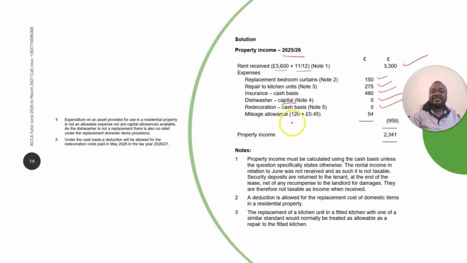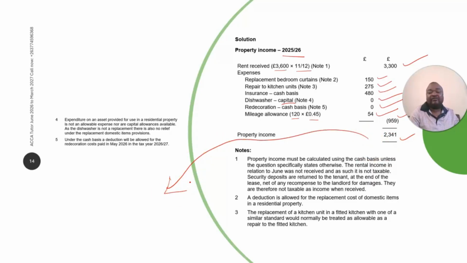So she traveled only 120 miles, multiplied by 45 pence, and this comes to 54, which is deductible. And we sum up these expenses, and we arrive at 959, and we deduct this amount from the 3,300 on top there, and we arrive at property income of 2,341.